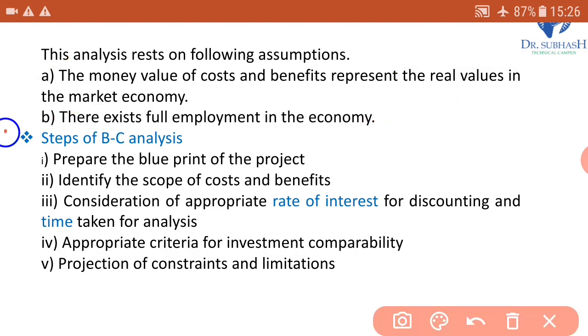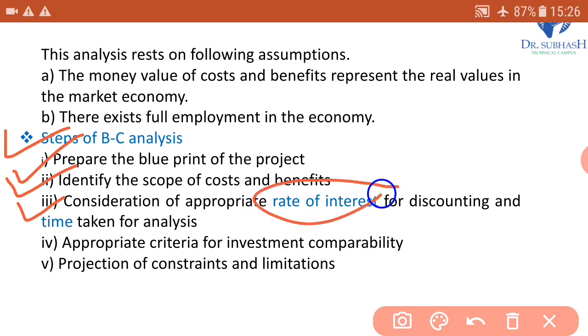Now the steps of benefit cost analysis. First, prepare the blueprint of the project. Then identify the scope of cost and benefits. Next, consideration of appropriate rate of interest for discounting and time taken for analysis.